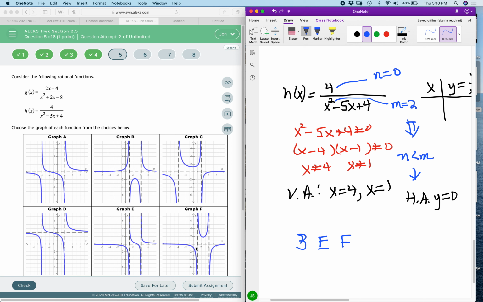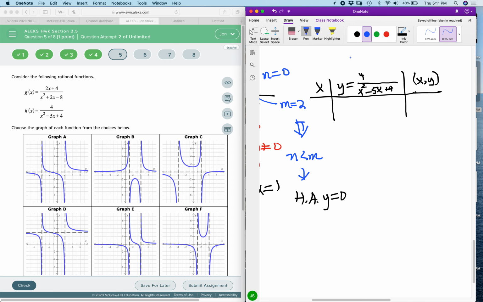If I were to try out 0, graph F has negative 1 for y, and you have a positive 1 for B. So let's see what we have for x equal to 0. At least one of these will go out of the picture.